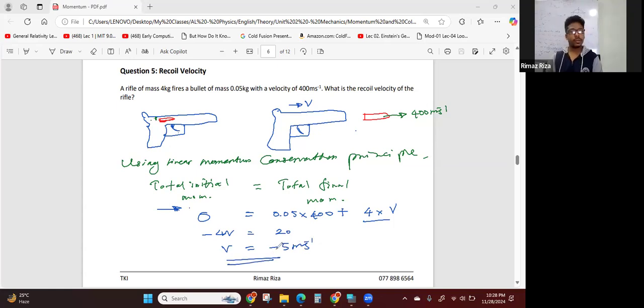Here you get minus, which means the velocity is not in this direction, it will be in the opposite direction. So it will be in this direction, 5 meters per second. Therefore recoil velocity is to the left, 5 meters per second, I mean backwards.